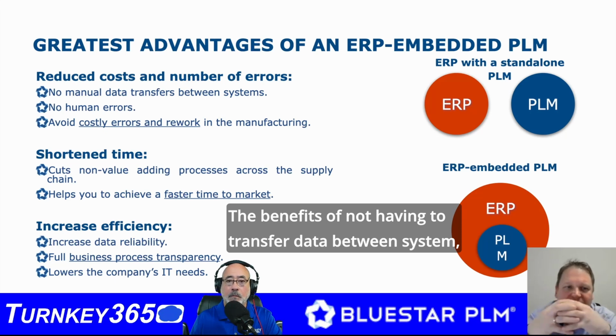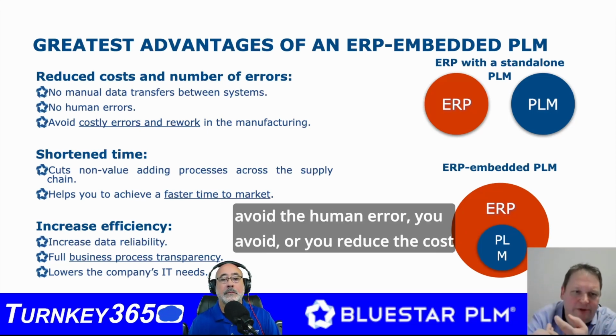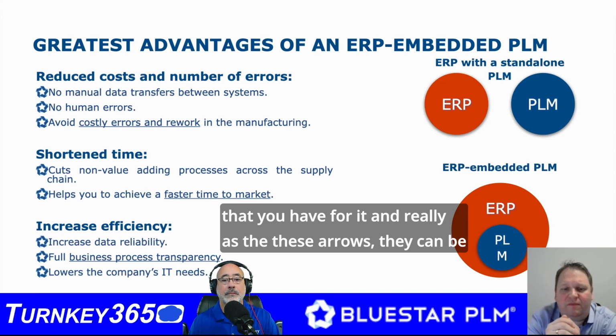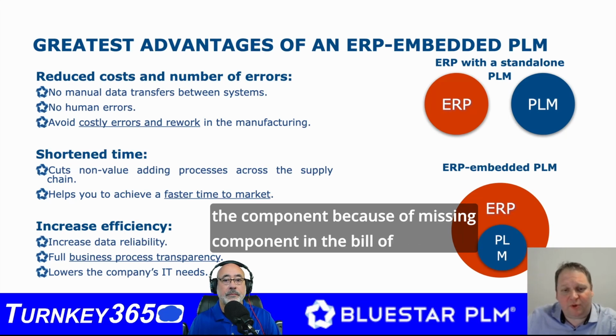The benefits of not having to transfer data between systems. That's the main thing here. That means that you avoid the human error, you reduce the cost, and really it's these errors that can be pretty costly when we are talking about not being able to produce the component because of a missing component in the bill of material.